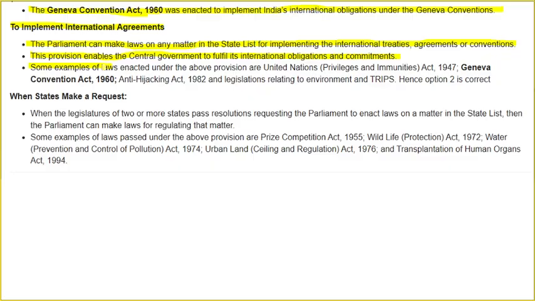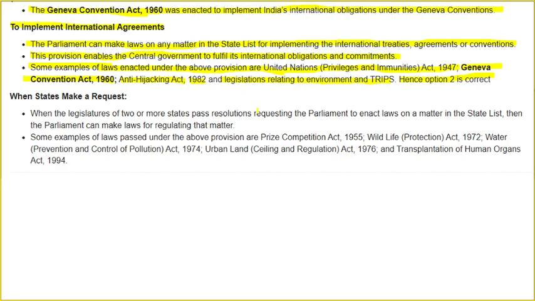Some examples of laws enacted under the above provision are United Nations Privileges and Immunities Act 1947, Geneva Convention Act 1960, Anti-Hijacking Act 1982, and legislations relating to the environment and TRIPS. Hence, option 2 is correct.